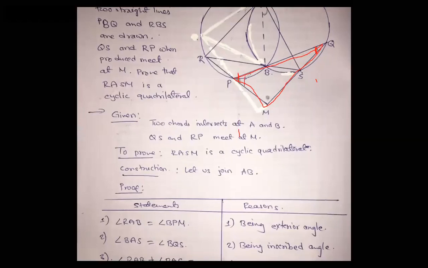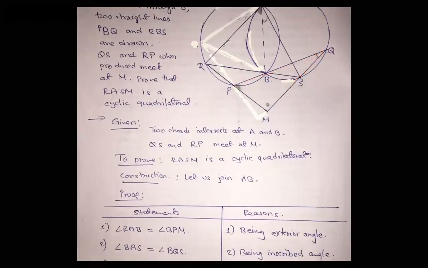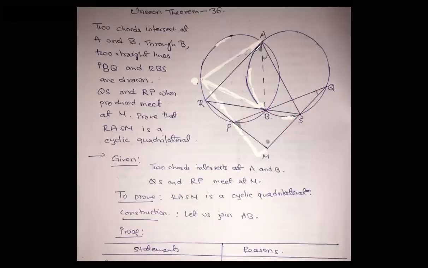So both angles here, okay. Let me focus on this triangle. Your triangle meaning your quadrilateral method. If this angle and this angle are equal to 180 degrees, and if you focus on this angle, then this plus this makes 180 degrees. We are getting 180 degrees and this angle also.